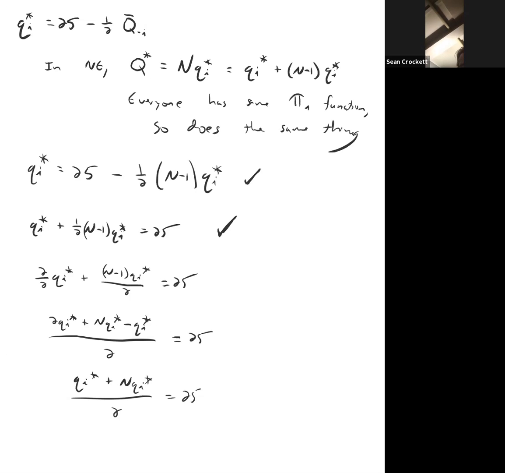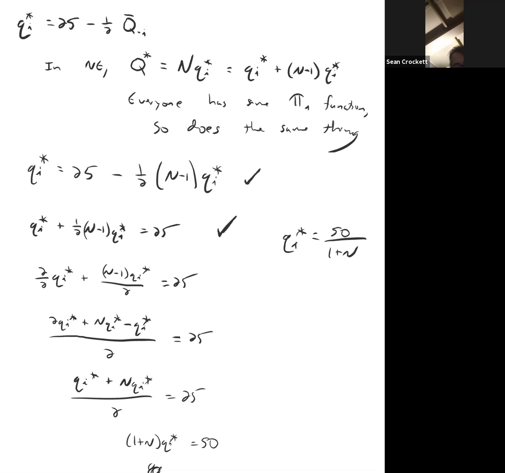Well, I can make that a 50 on the right-hand side. And so I'm going to get 1 plus n times qi star equals 50. And so qi star equals 50 over 1 plus n. Much better.